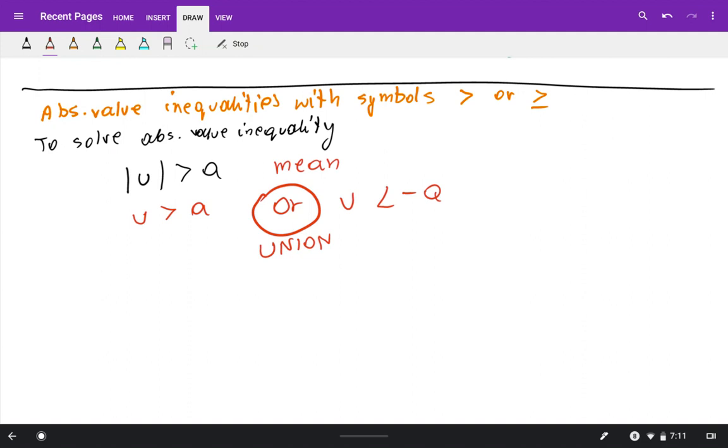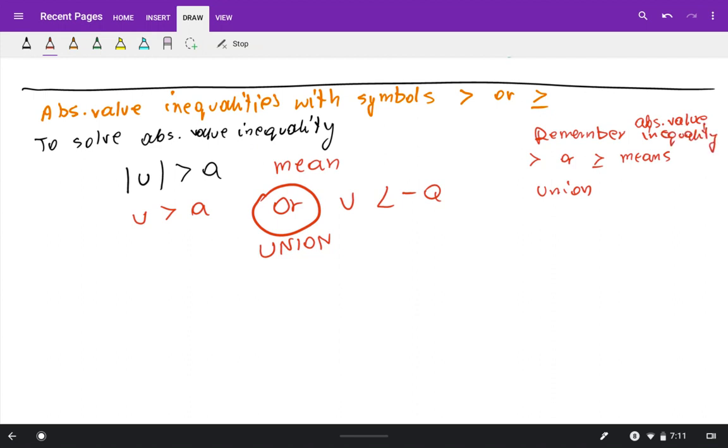So just remember that greater than or greater than or equal means union. Of course, I'm talking here about absolute value inequalities, not just regular inequalities, because regular inequalities are a different story.